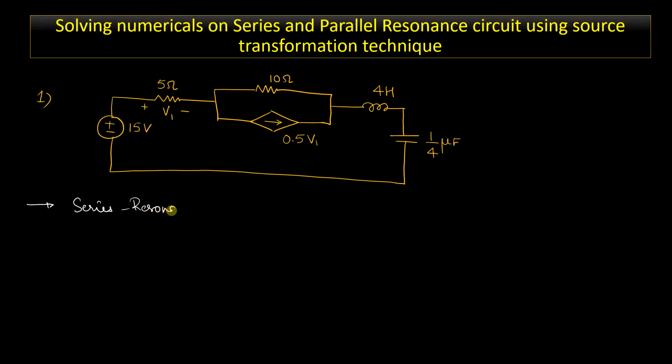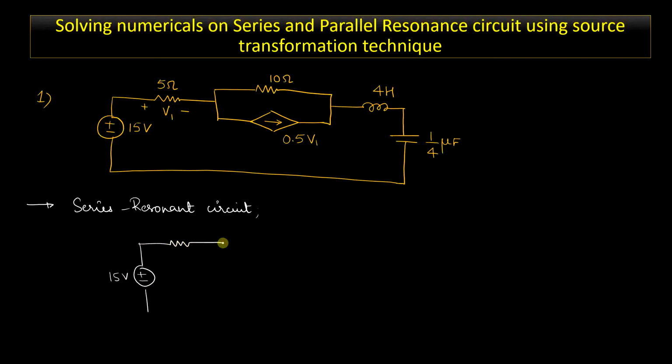Wherein you have a resistor, that is 5 ohms, a capacitor and an inductor connected in series, and in between they have used a resistor in parallel with the current source. So you need to transform this current source into a voltage source and then you can solve. So the equivalent circuit in this case will be a voltage source of 15 volts.